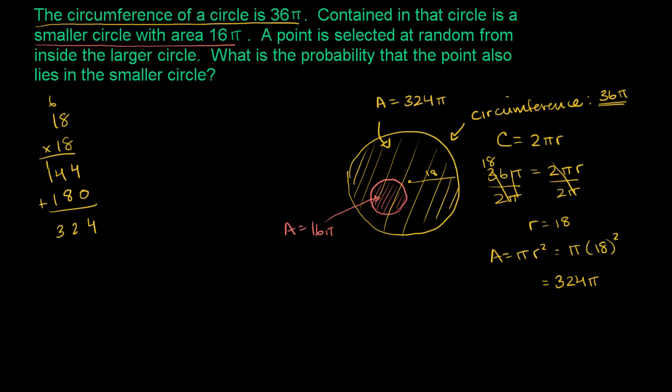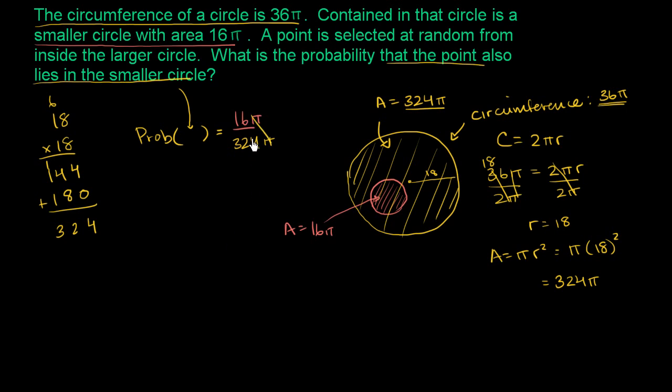So our probability, I'll just write it like this, the probability that the point also lies in the smaller circle is going to be equal to the percentage of this larger circle that is the smaller one. Or we could say the fraction of the larger circle's area that is the smaller circle's area. So it's going to be 16 pi over 324 pi. And the pi's cancel out.